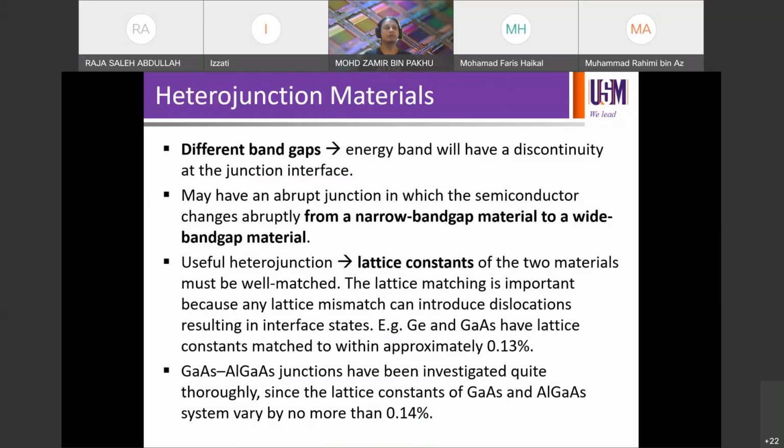For example, if you're combining silicon germanium, germanium is the narrow bandgap material with a bandgap of 0.7 electron volt, and crystalline silicon, well, it's not a wide bandgap, but its bandgap is bigger than germanium because crystalline silicon has a bandgap of 1.12. So in this case, you should expect some discontinuity at the p-n heterojunction, okay?